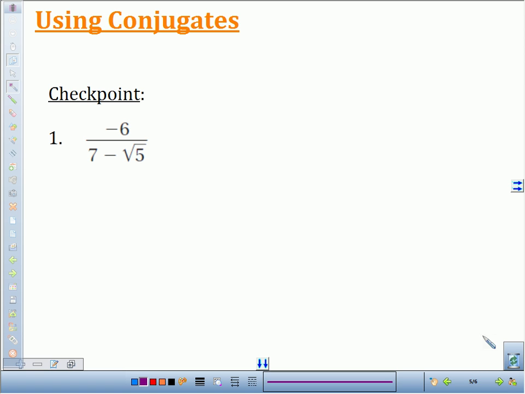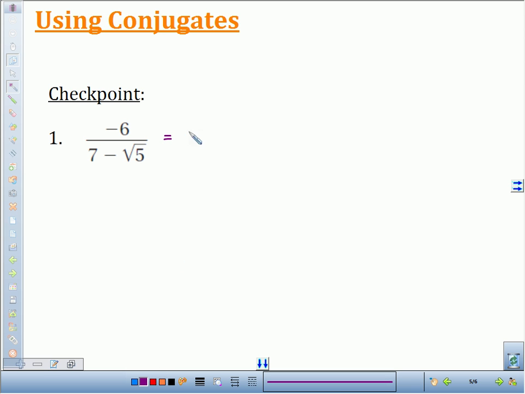Now, the last two problems are checkpoint problems, but I want to do them together. Let's start with negative 6 over 7 minus the square root of 5. Now, my conjugate here is 7 plus the square root of 5, so that's what I'm going to multiply by.